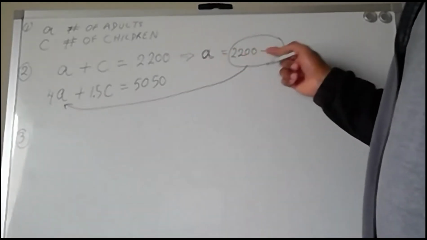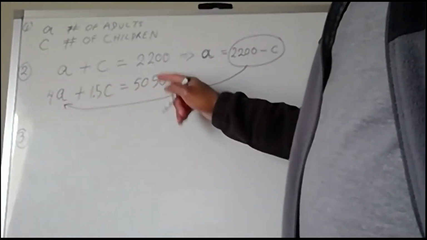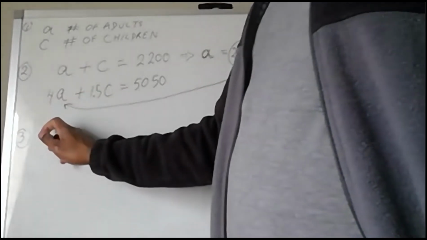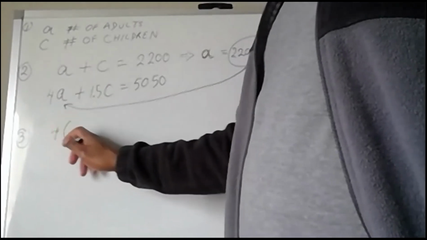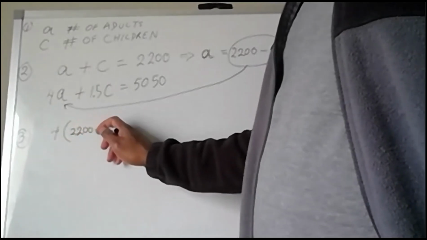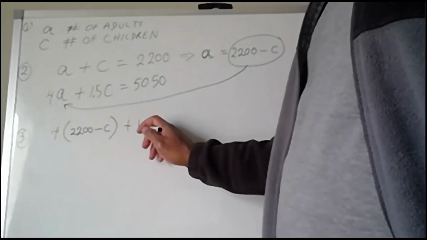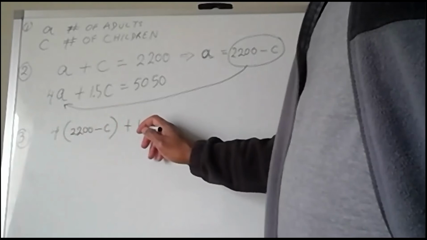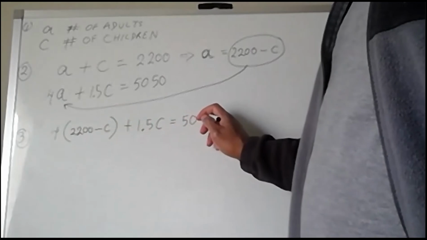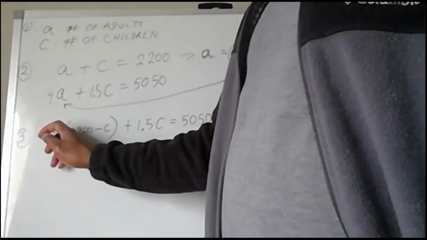A is equal to 2200 minus C. So I'm going to rewrite this equation, but instead of writing A, I'm going to write 2200 minus C. So 4 times (2200 minus C) plus 1.5C is equal to 5,050.